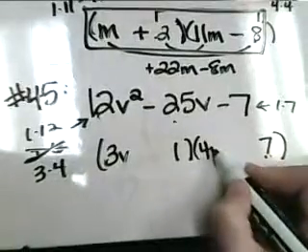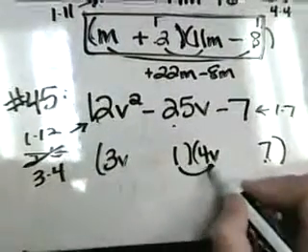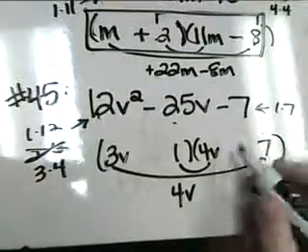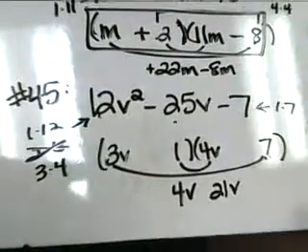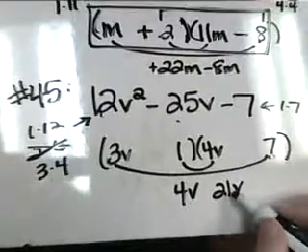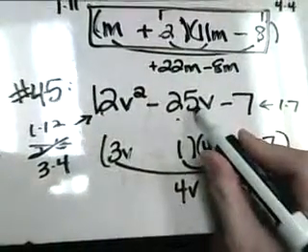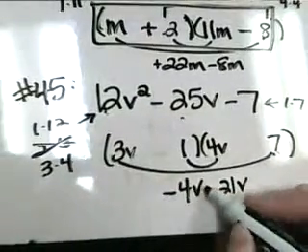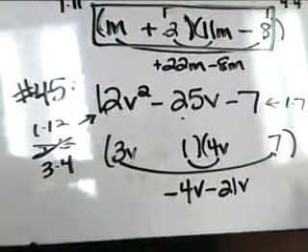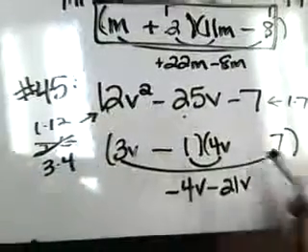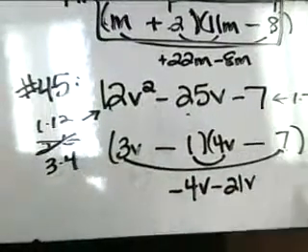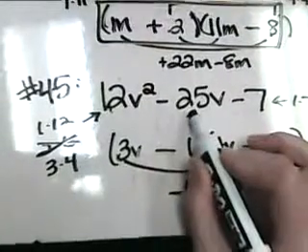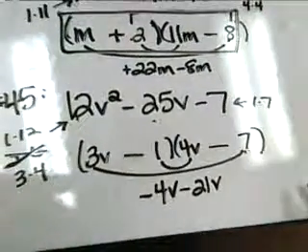3v, 4v. The middle gives me 4v. Outside gives me 21v. 4 plus 21, yes, that gives me 25, but I need a negative 25. So that means both of these guys would have to be negative. That means my inside has to be negative and my outside has to be negative. Negative 4v, negative 21v would give me negative 25.